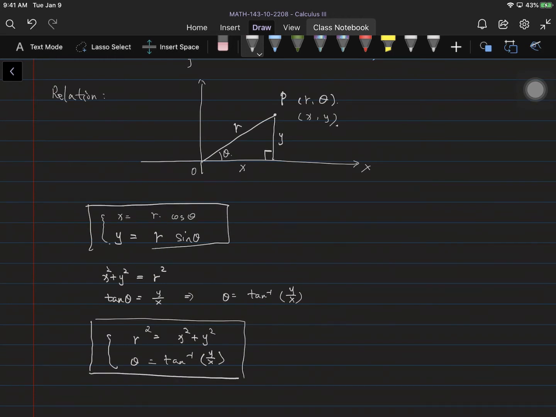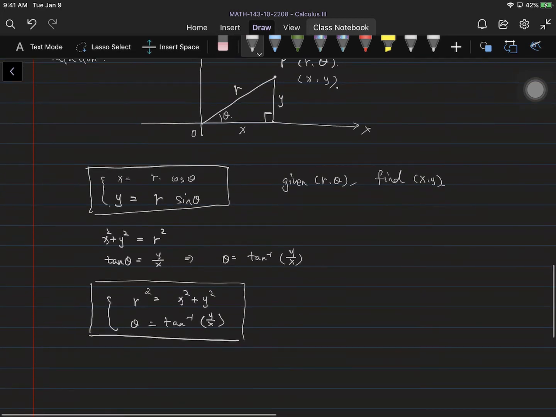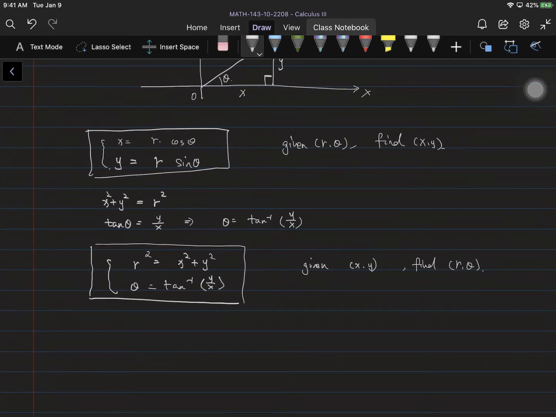The first formula means given (r, θ), we can find x, y. And the second formula, if given Cartesian x and y, we can find (r, θ). So that's the relationship between Cartesian and polar. Actually, they can change from each other.